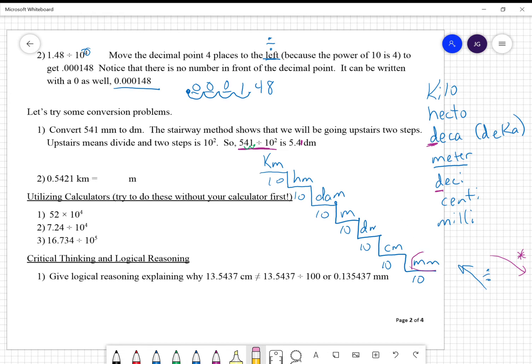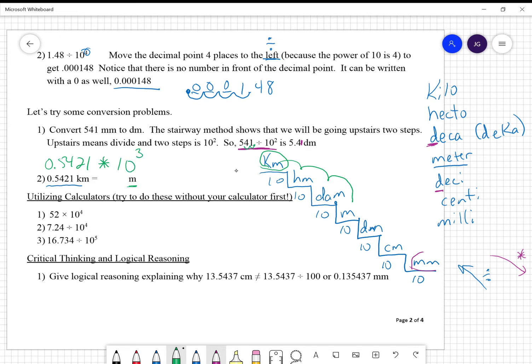Okay, our next one, 0.5421 kilometers equals how many meters? All right, so now I'm starting at kilometers, and I want to go down to meters. 1, 2, 3 steps. So that is 0.5421. I'm going down, so I'm multiplying. Each step is 10, 10 to the third.